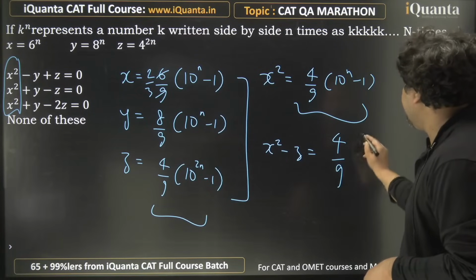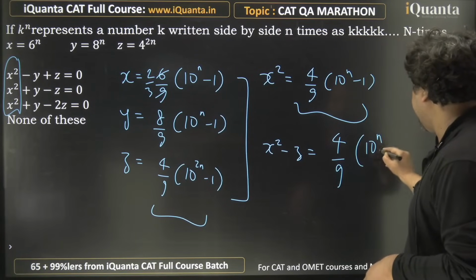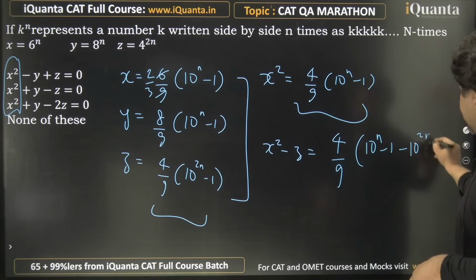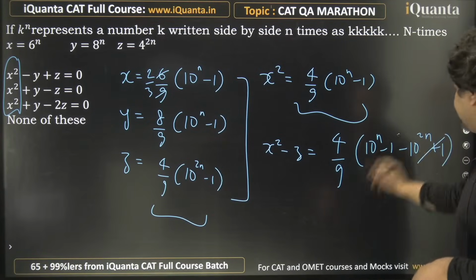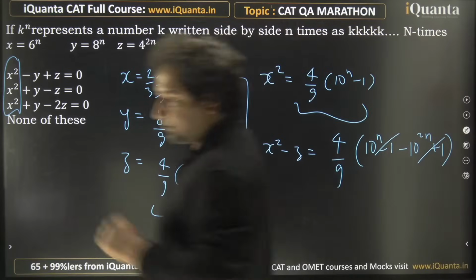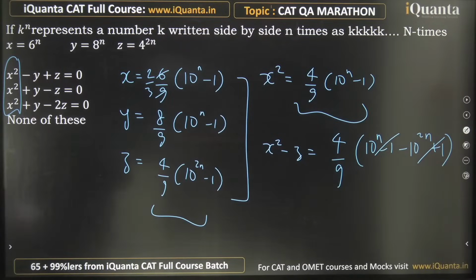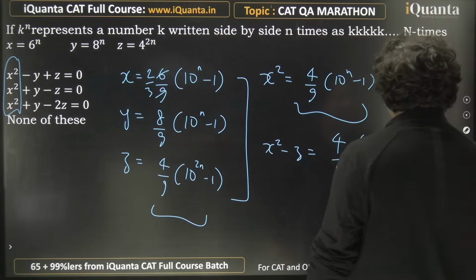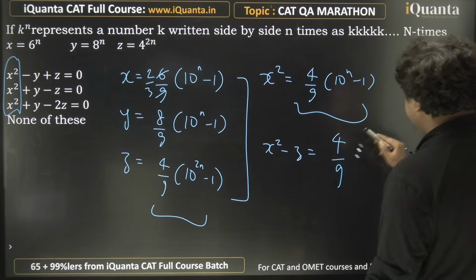4 by 9 is common. Inside the bracket we have 10 to the power n minus 1, and this minus 10 to the power 2n plus 1 is what we get. These two get cancelled. I'll just rewrite this.